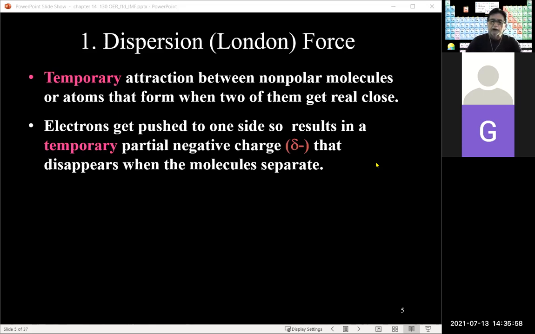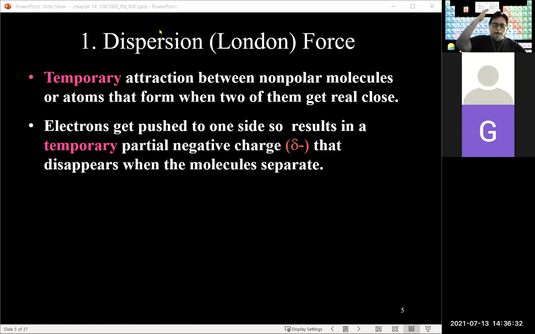Now, London forces, because the molecules are nonpolar, these forces are temporary. The best analogy I can think of is if you have ever taken a balloon and rubbed it on your head and then put it on your chest. Does not the balloon stick for a period of time? Any idea what might be happening there with the balloon other than Harry Potter magic?